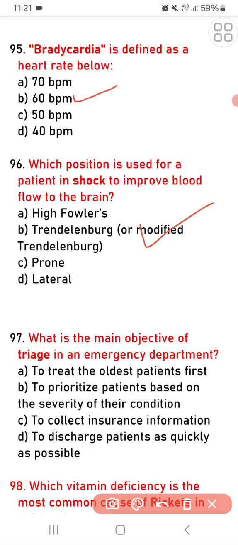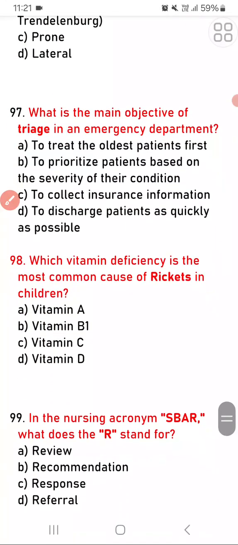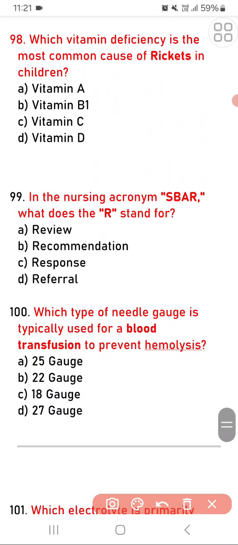To prioritize patients based on the severity of their condition. Which vitamin deficiency is the most common cause of rickets in children? Vitamin D.